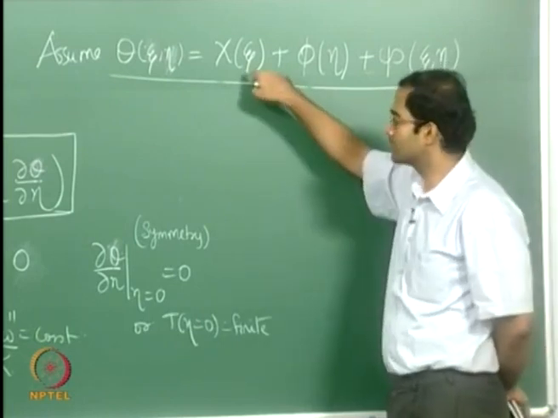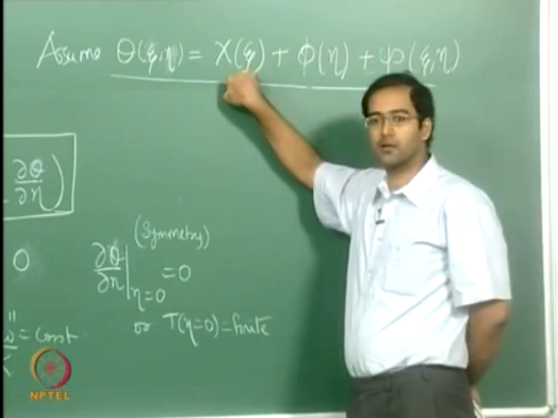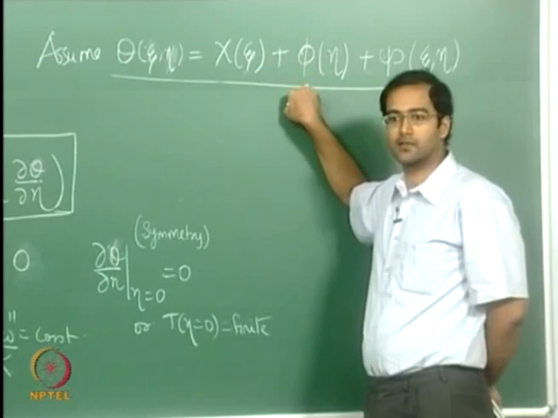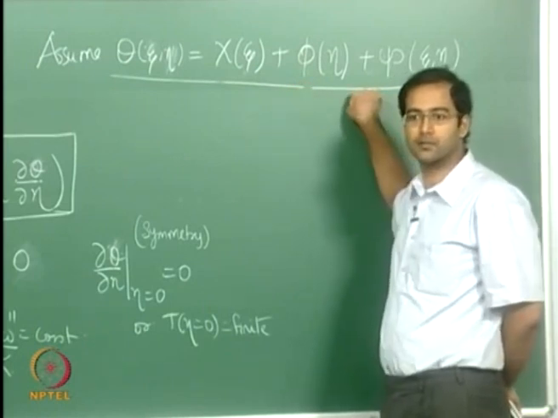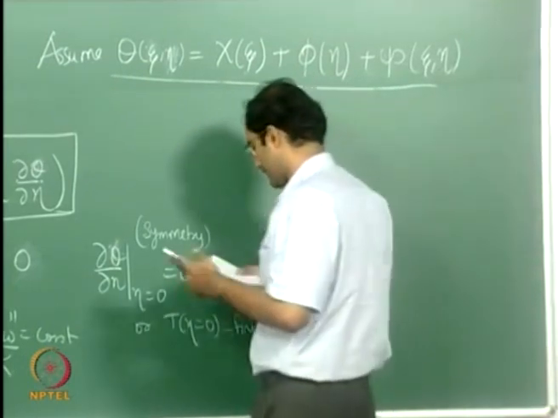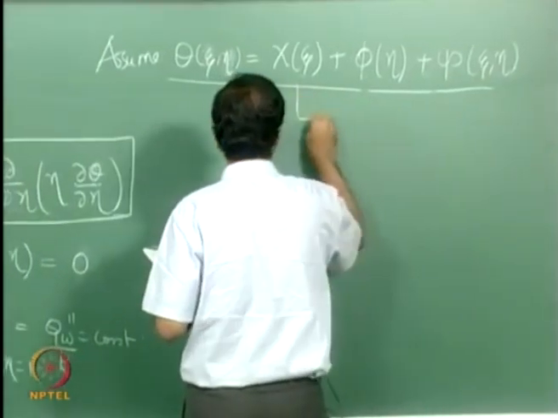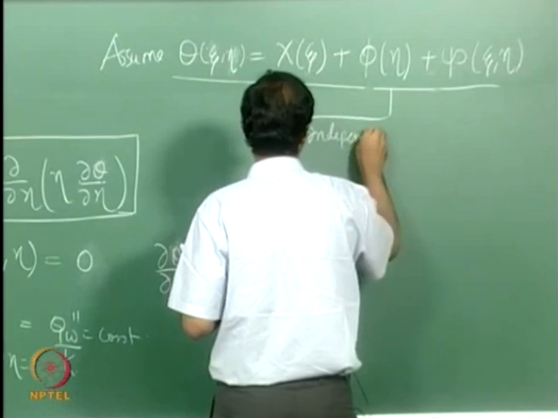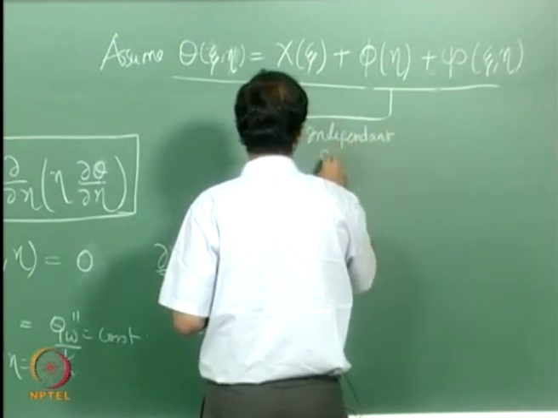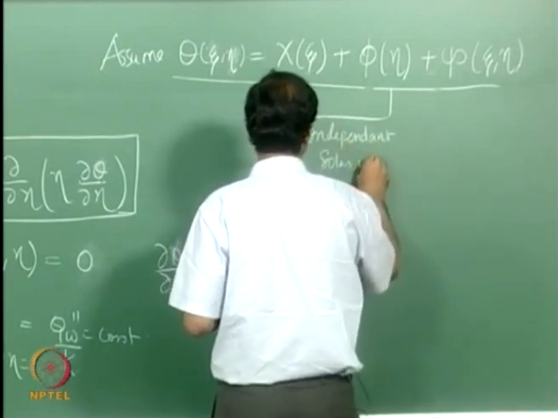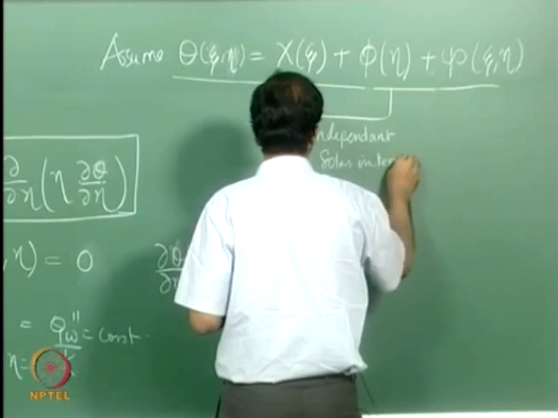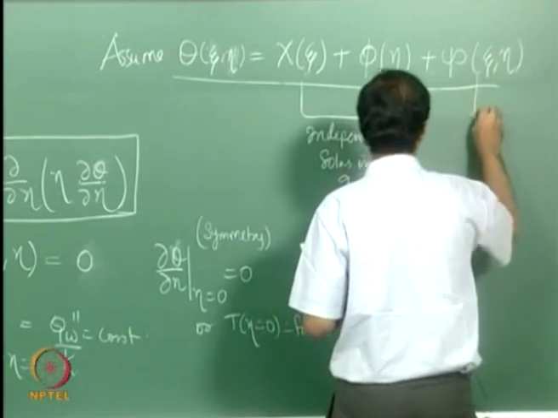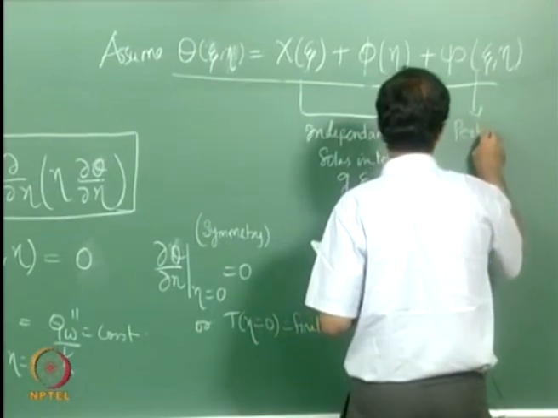Whereas this purely talks about an ordinary differential equation in one variable and another ordinary differential equation in the other, this is a mixed solution. So this is basically the independent solutions in terms of eta and zeta, and this is the perturbation to the independent solutions.